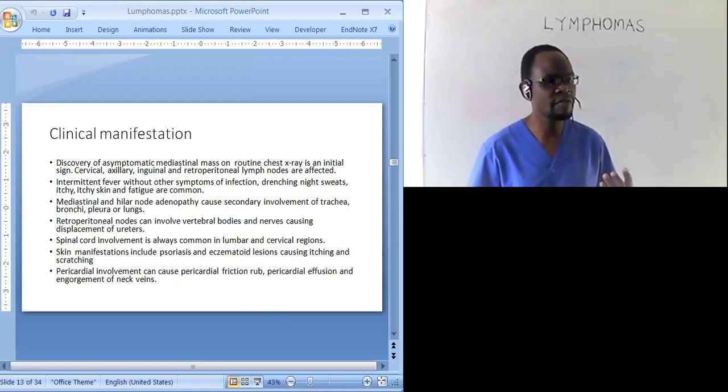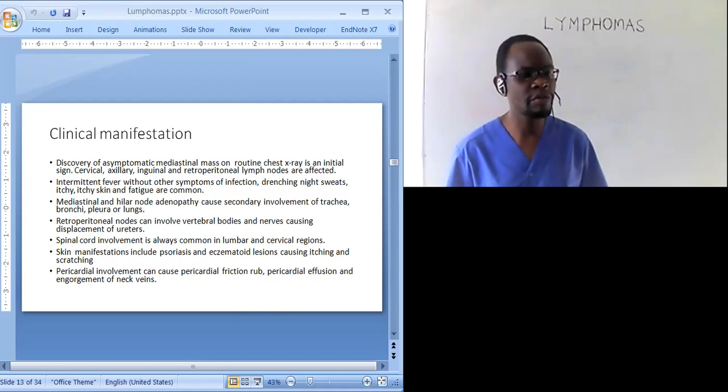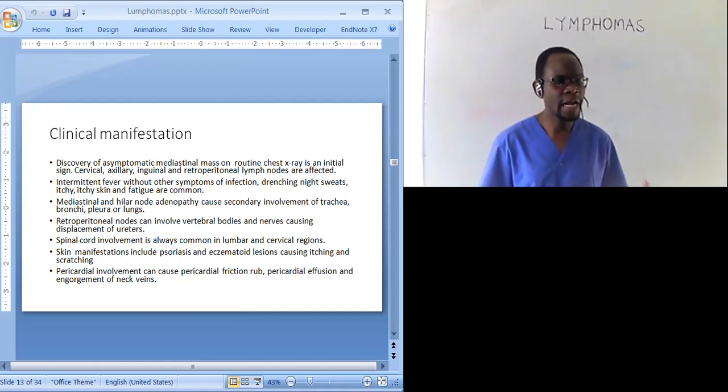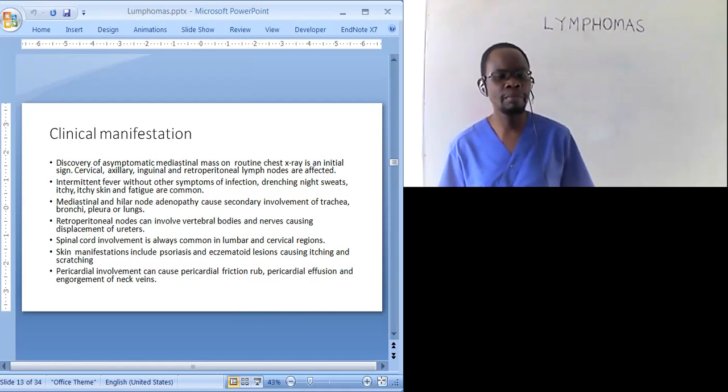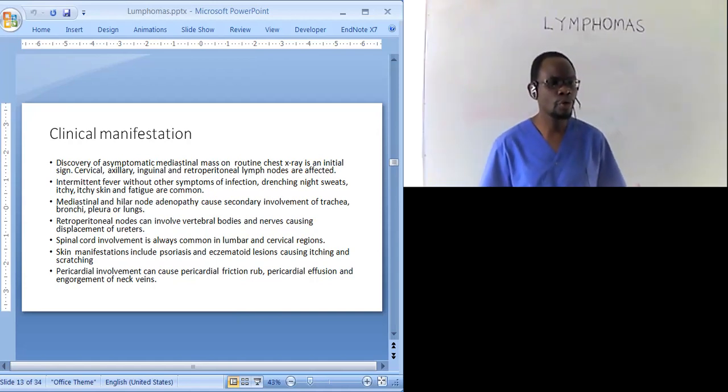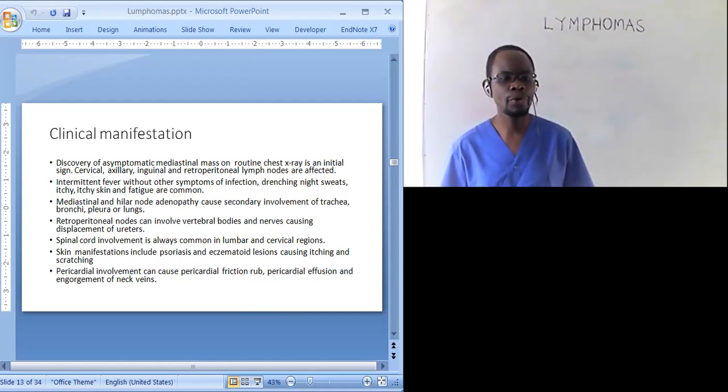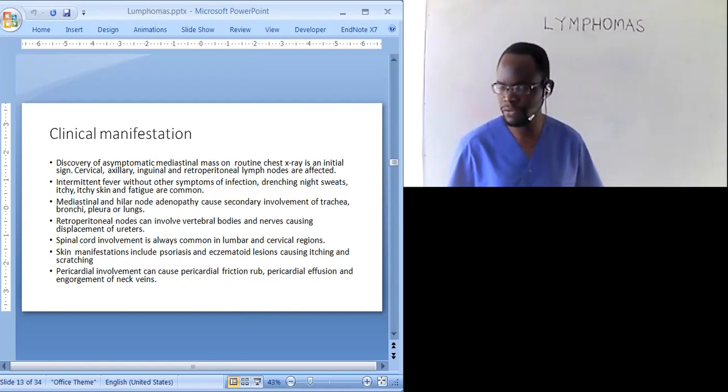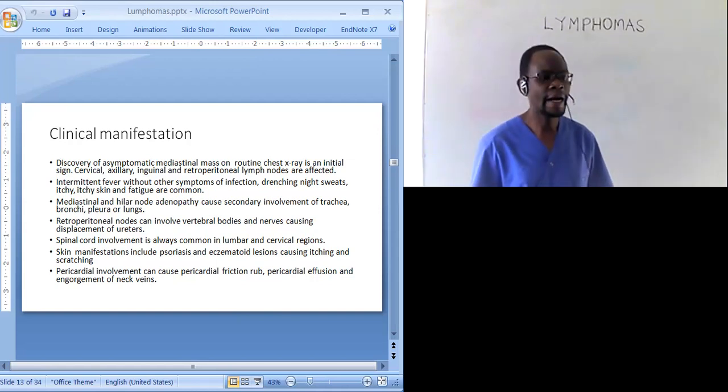You can also have the spinal cord being involved. You can have skin manifestations, and then heart issues, when you have pericardial involvement. So those are some of the manifestations of Hodgkin's lymphoma.